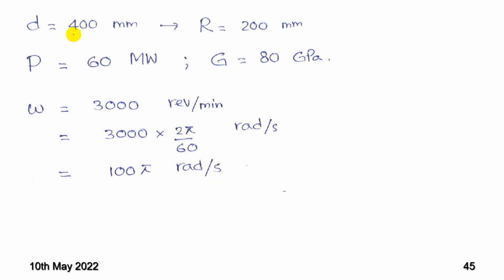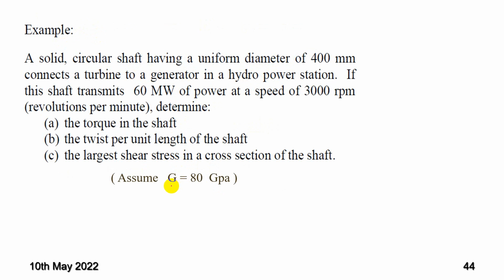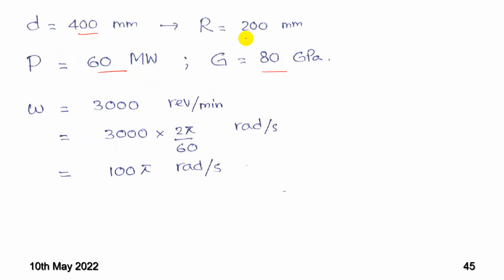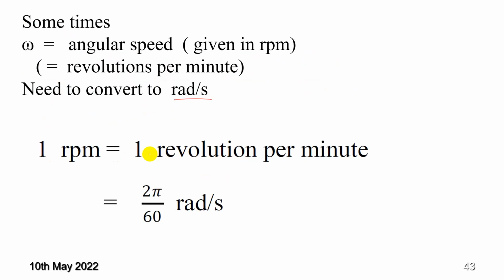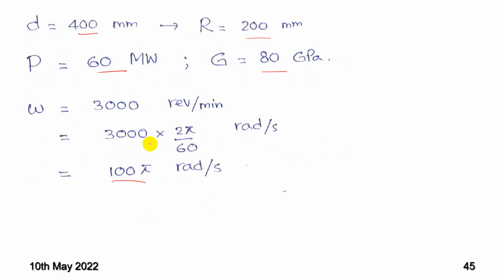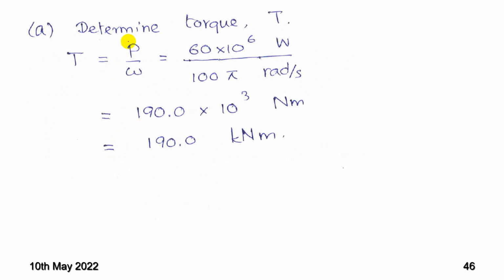The diameter is 400, power is 60 megawatt, shear modulus 80, R 200. So omega is 30 into 2 pi over 60, that is 100 pi radians per second. If I substitute in T equals P over omega, then you will get 190 kilonewton meter as the torque required to transfer this 60 megawatt power.